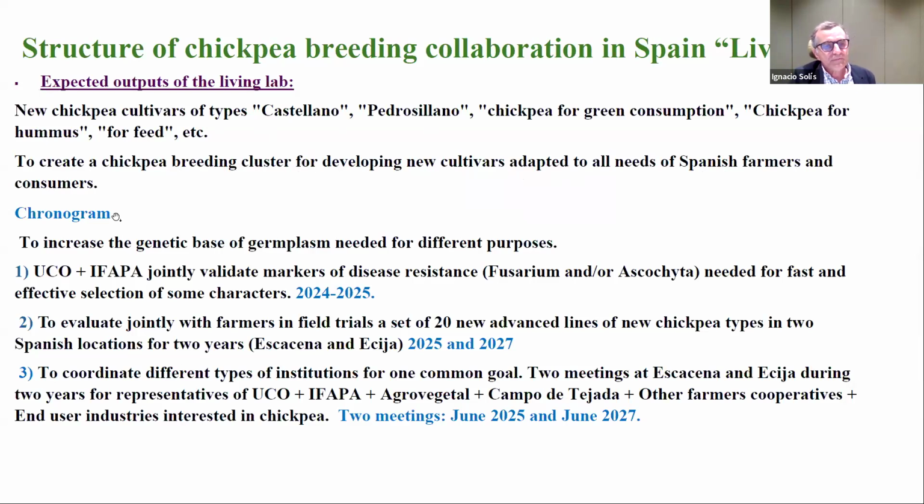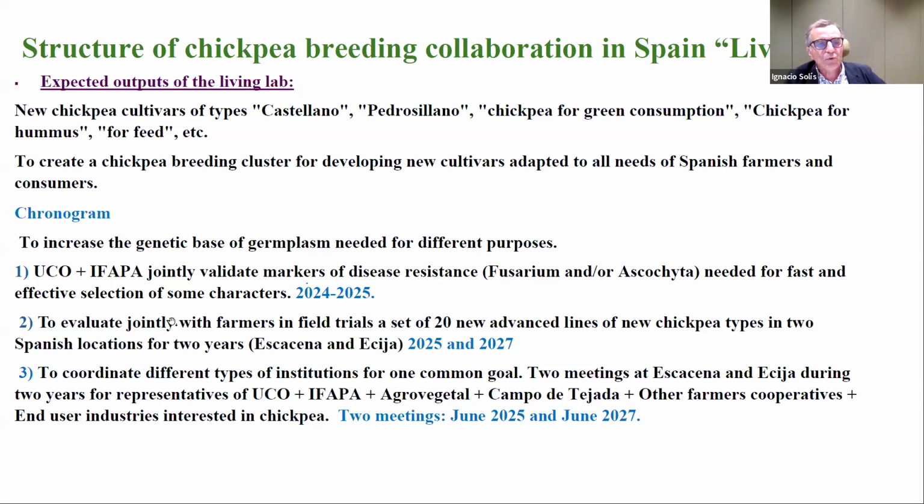In our living lab, in the chronogram, we have 3 main activities. The first one is to validate markers of disease resistance and also flowering time. This is the subject for the next talk that we will have later with Patricia and Natalia.